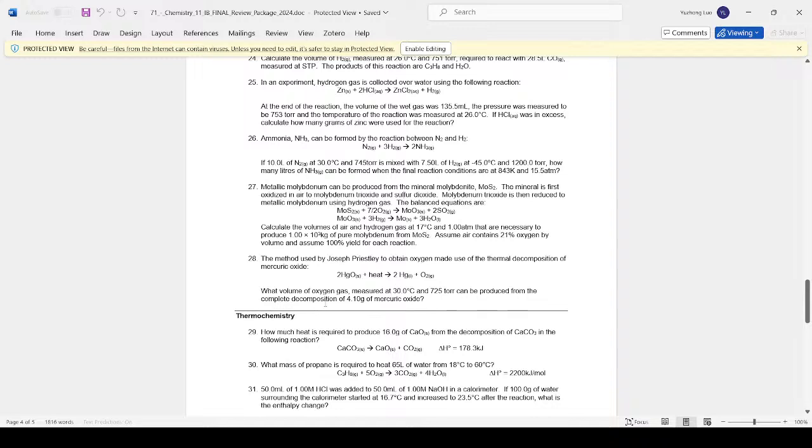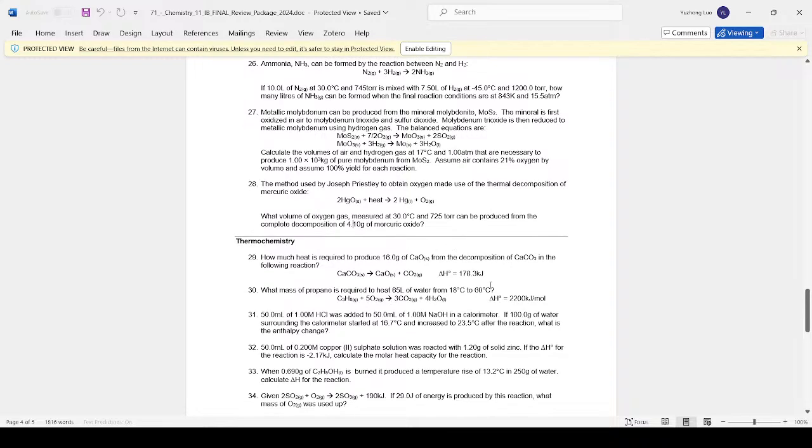Can be produced from the complete decomposition of mercuric oxide. Oh, right, so some stuff to know. Guess I'll write it in the pressure section.